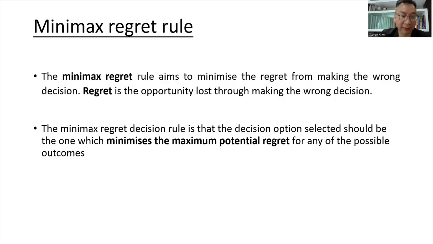You are asked to choose only one out of 3, and you want to minimize the feeling of regret, which is opportunity cost. So you have to calculate which particular tour will give you the minimum regret if you make the wrong decision. That is an example of how we are going to make the decision.